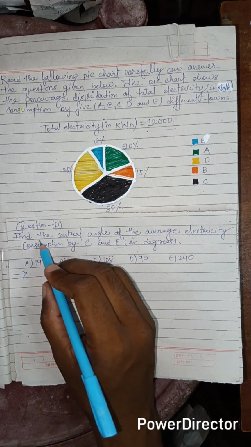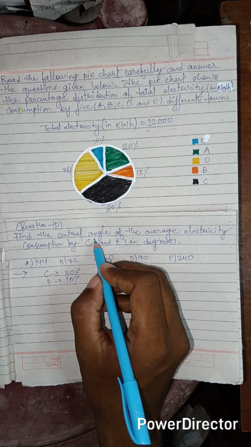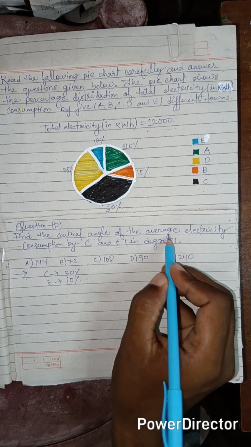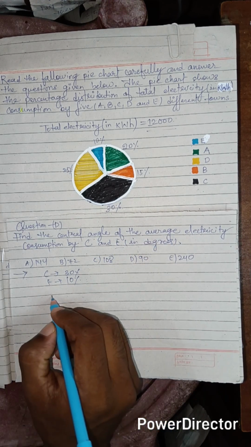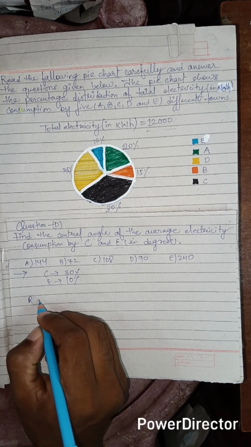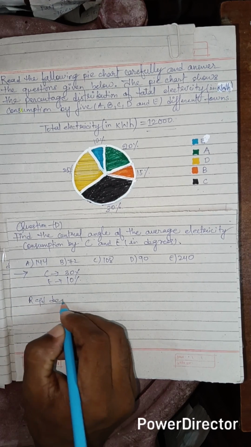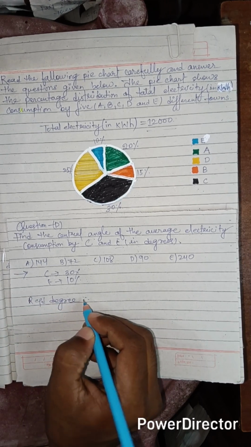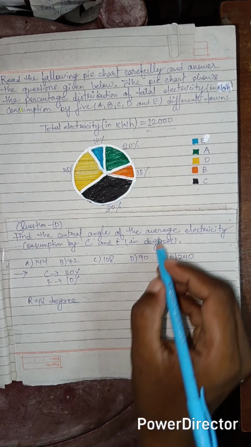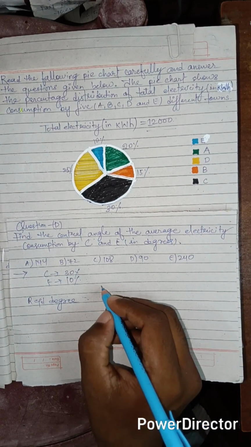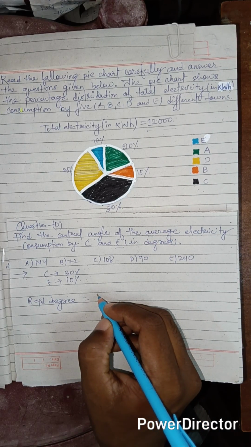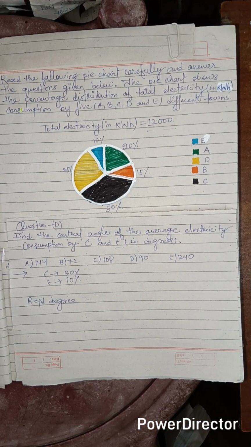We have to find the central angle, and first of all we have to find the average. So the required degree is equal to, first of all, we have to find the average.